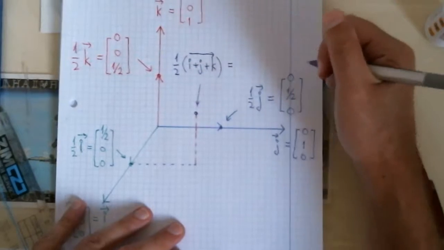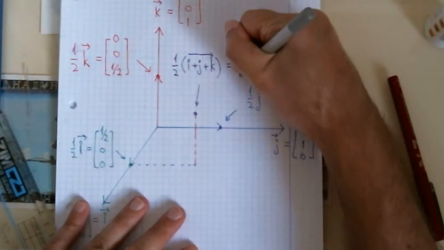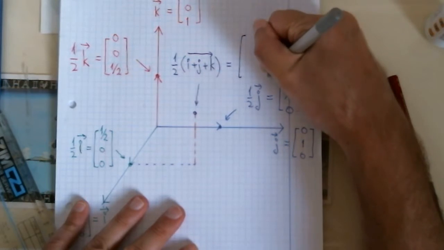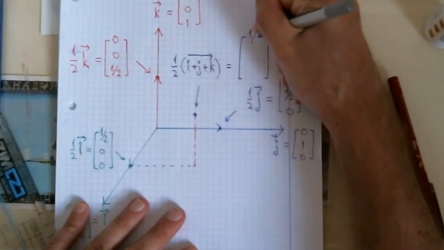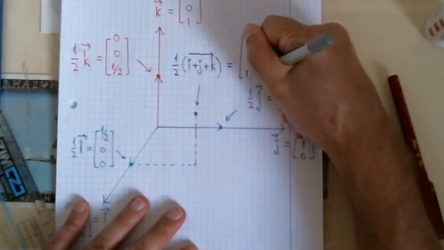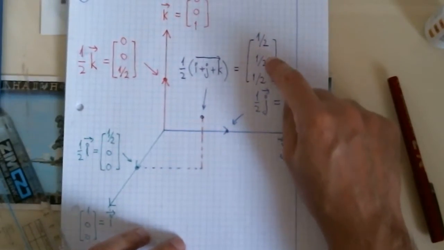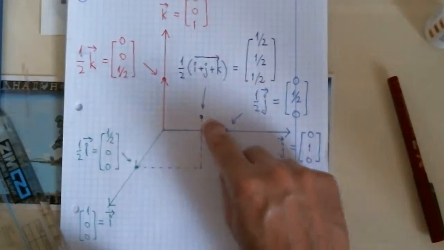How much is it? It's half, half, half. Okay, let's write it down. Half, half, half.